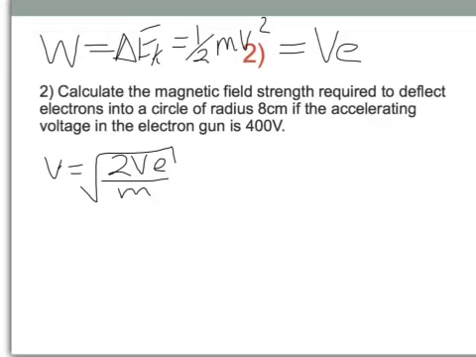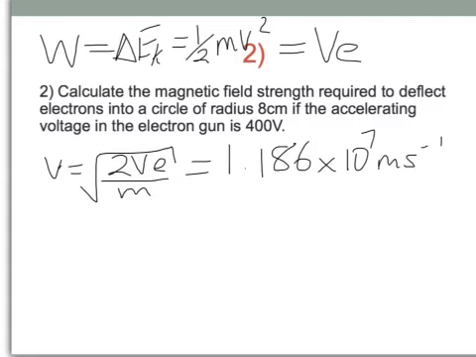Now, plugging the values in, you should get 1.1868 times 10 to the power 7 meters per second, taking a few figures here just to avoid rounding error later. We're going to use that figure now to calculate the magnetic field strength, B, required to keep electrons moving at that velocity in a circle of that radius.